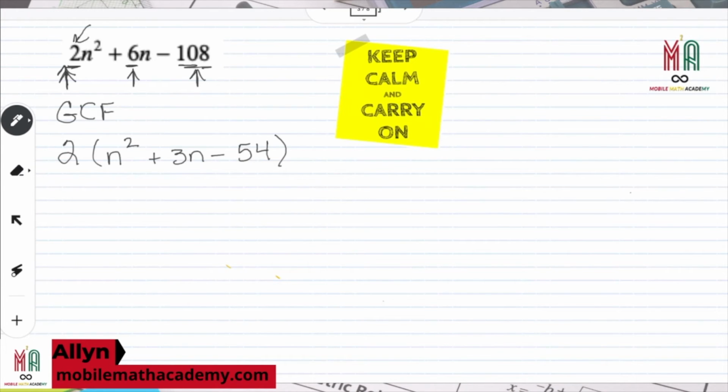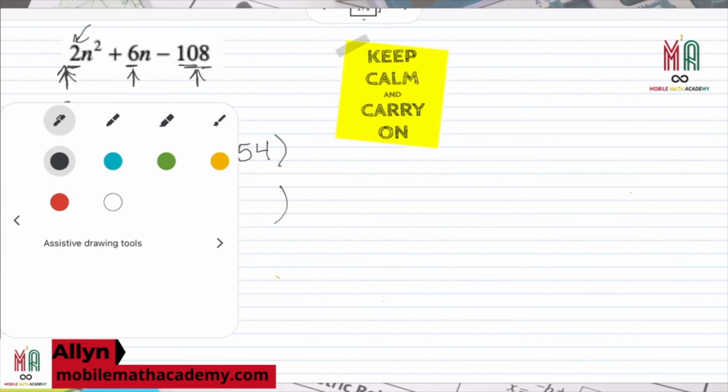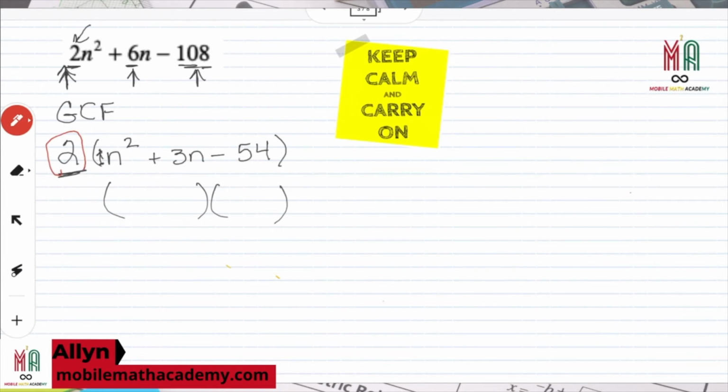Okay? All right. Now, I'm going to leave this alone for a second. And what I'm going to do is write my parentheses. I know that this coefficient is 1, so I'm going to leave this 2. Let's just put a box around that 2 for now. All right. And I'm going to factor this right here. Now, I have a little situation. Notice that my constant has a minus in front of it.